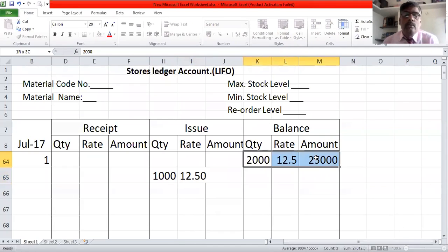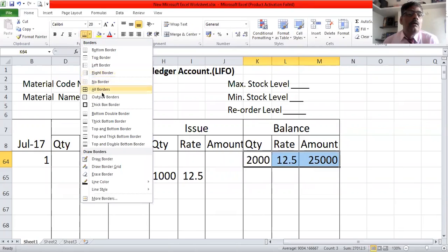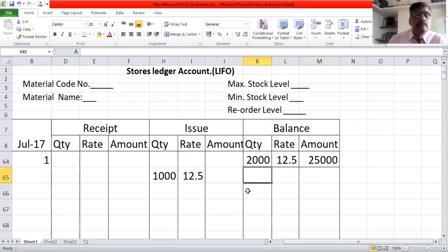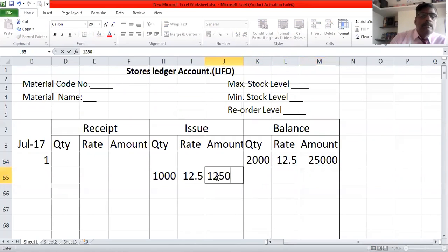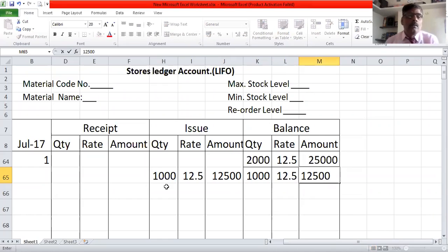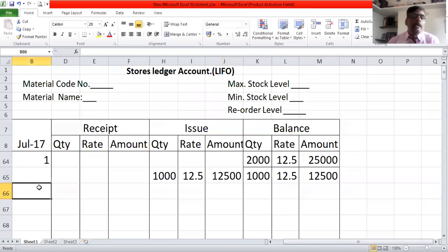Before that you put an underline. The amount is 12,500. Balance is 1,000 at the rate of 12.50, amount 12,500.